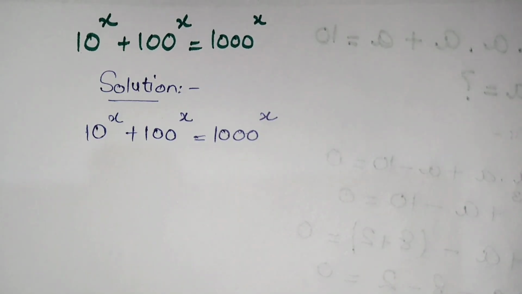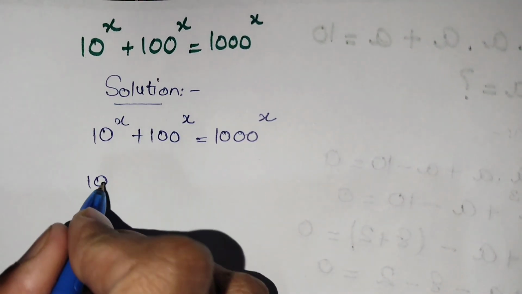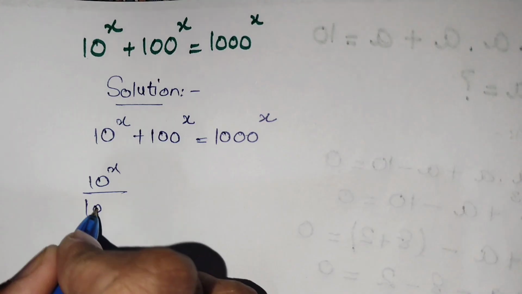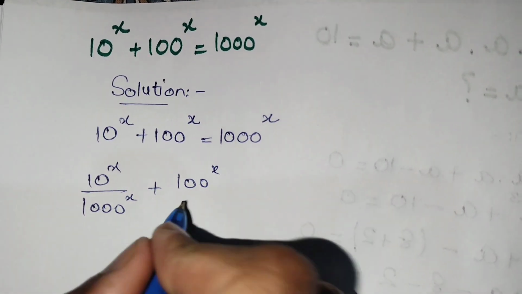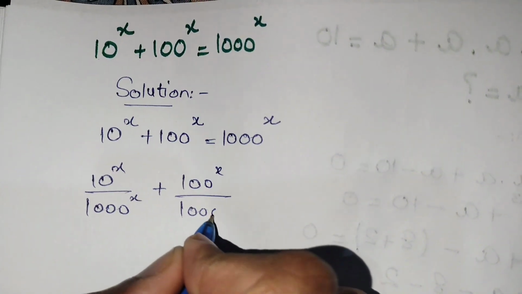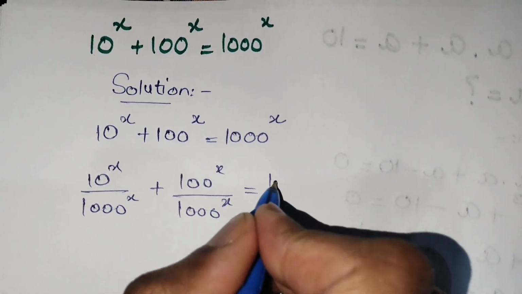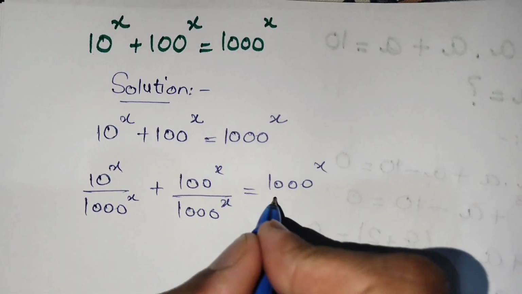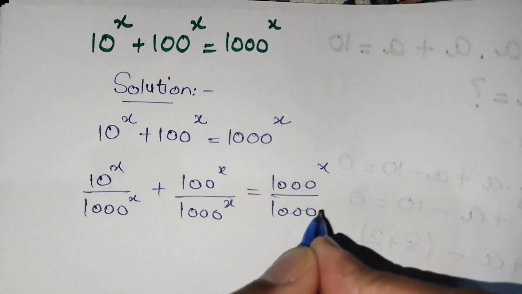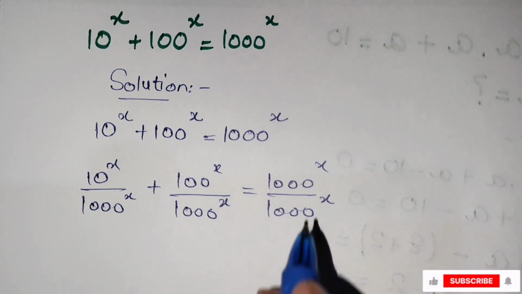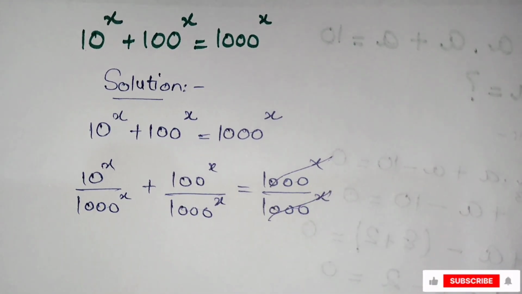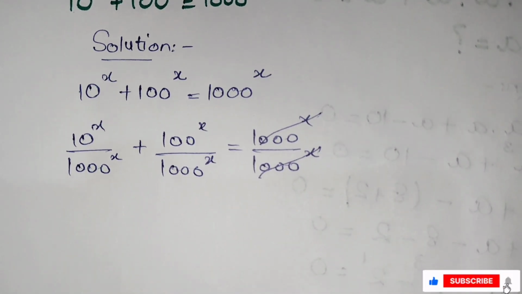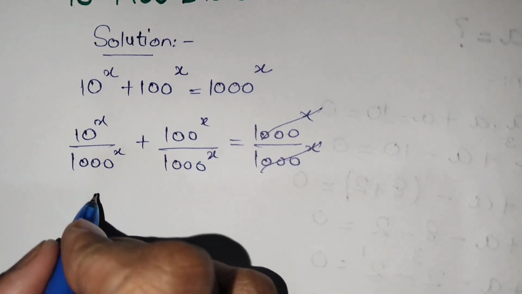Now divide 1000 power x on both sides of the equation. 1000 power x cancels with 1000 power x.